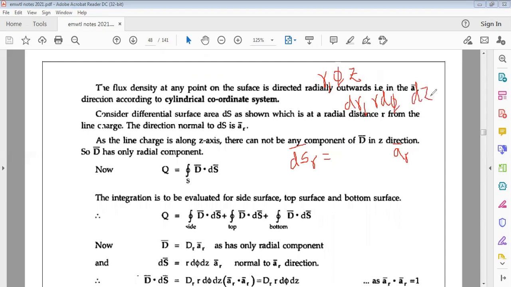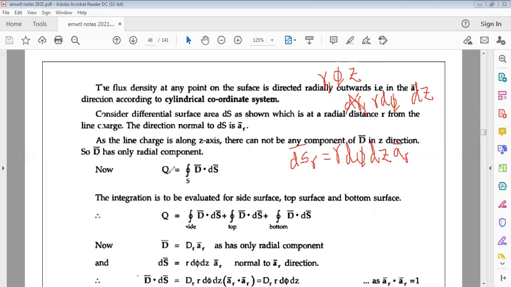For the differential surface area normal to the direction of r bar, there is no differential element dr, and we have the remaining terms r into d phi dz. That is ds r bar.